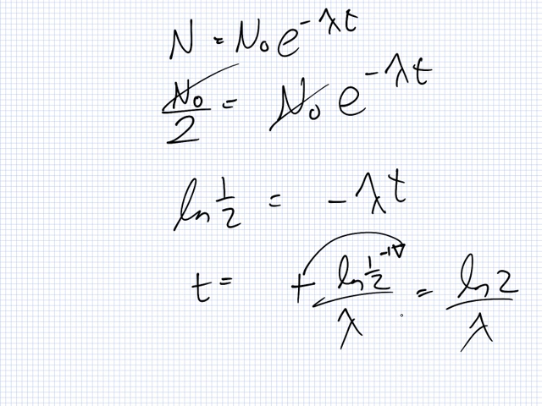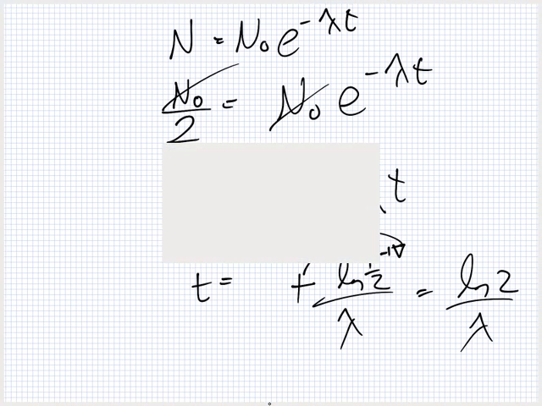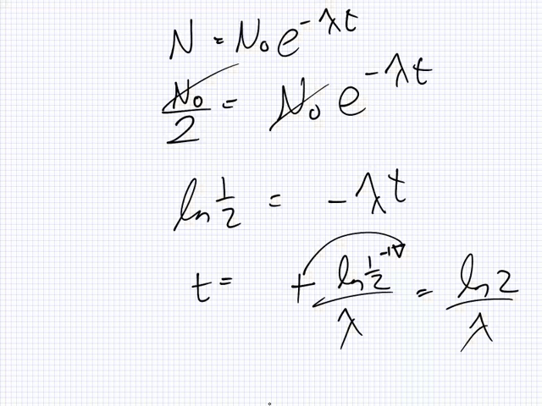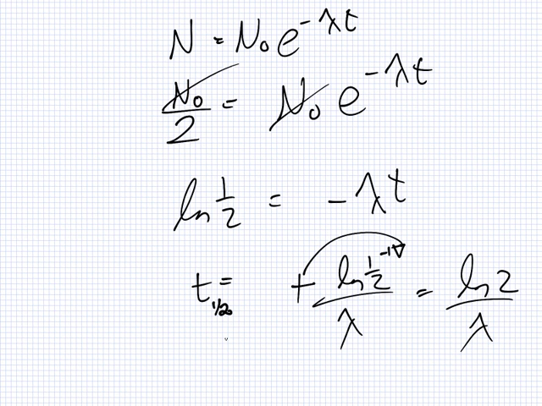Ln 2 over lambda, or as it's sometimes written in the formula book, although I think they changed it. They put out a decimal form, but I'm pretty sure that's back to ln 2. The proof is quite short, and that's the result there. I use this little symbol here to mean half-life time, T half. T half is ln 2 over lambda. Okay. You got that?